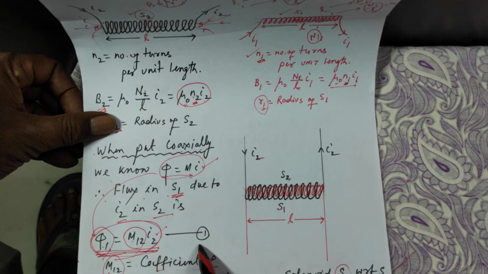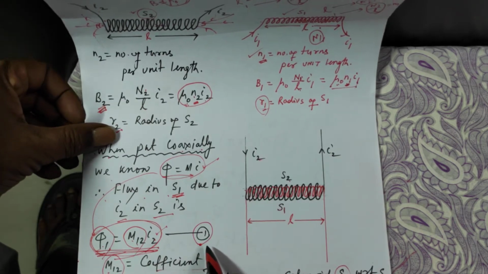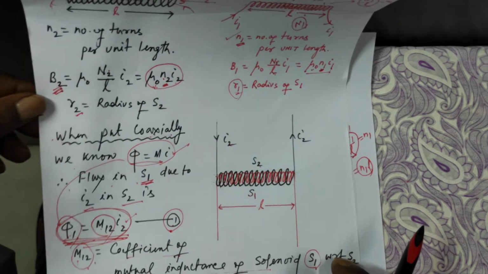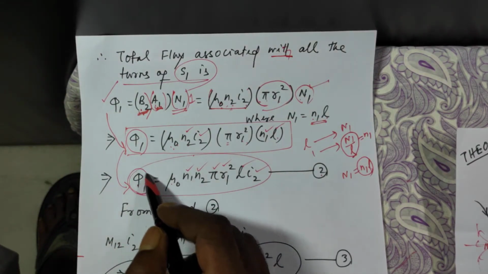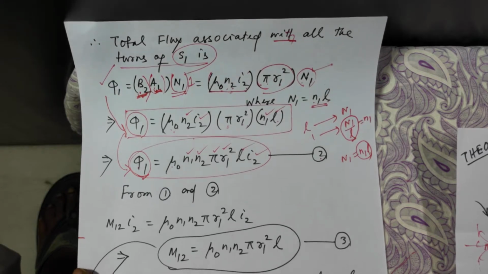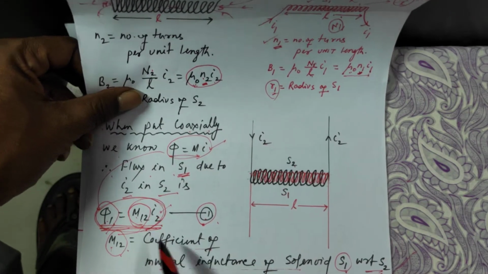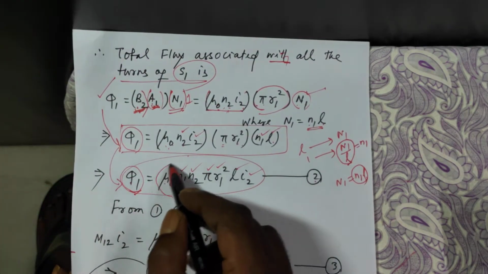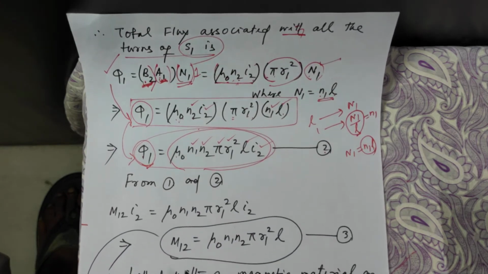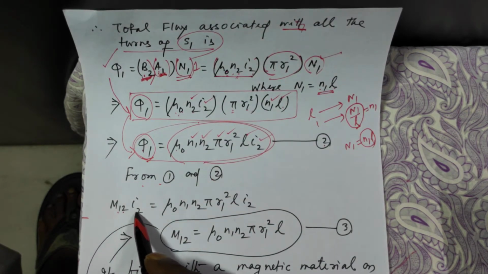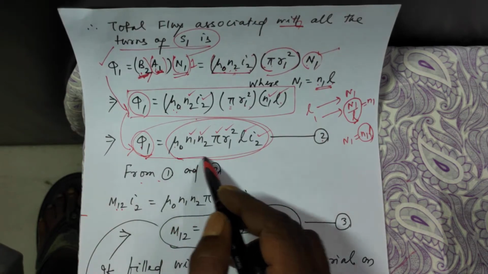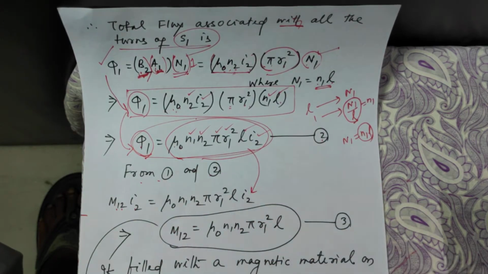So now comparing 1, the left side of 1 and the left side of 2 are same. So the right side of 1 and the right side of 2 are same. So therefore from 1 and 2, M12 I2 is equal to, this is same thing as this.